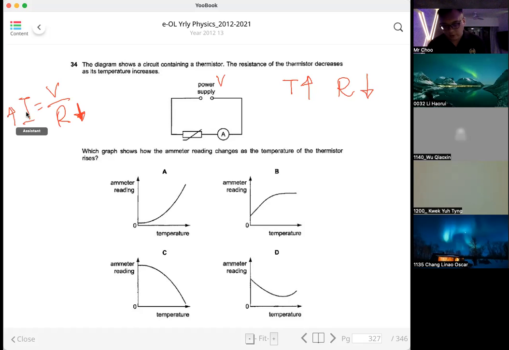So when the temperature goes up, your resistance will come down, and your current will go up. So your graph should be going upwards. Clear so far? So in this case, going upwards, it will be either A or B.